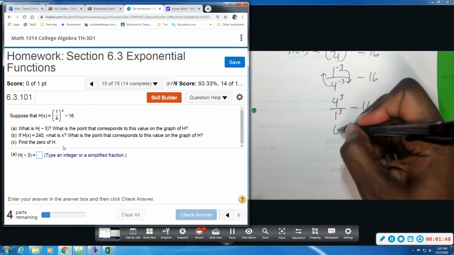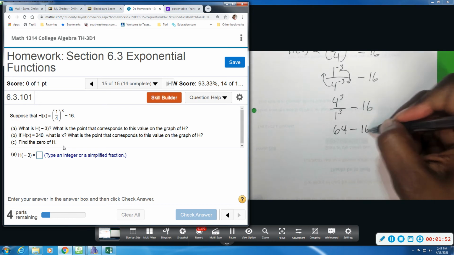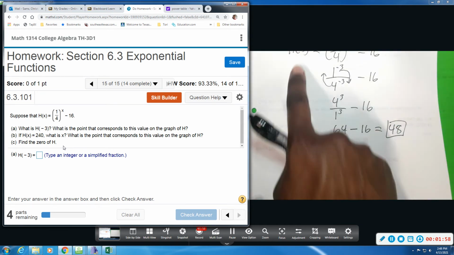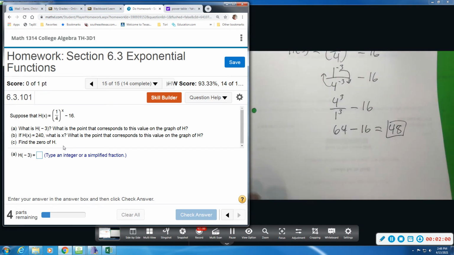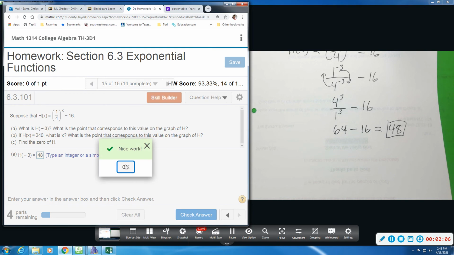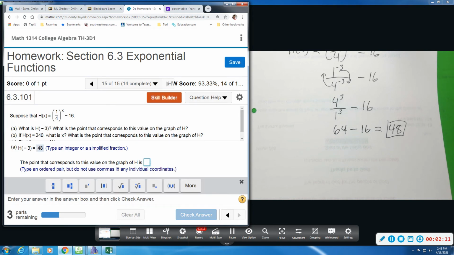So we have 64 divided by 1, which is 64, minus 16 will give us 48. So we get 48 when we plug in -3. The ordered pair that corresponds to this is -3, 48.